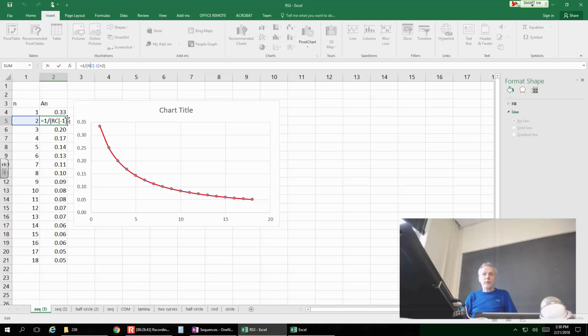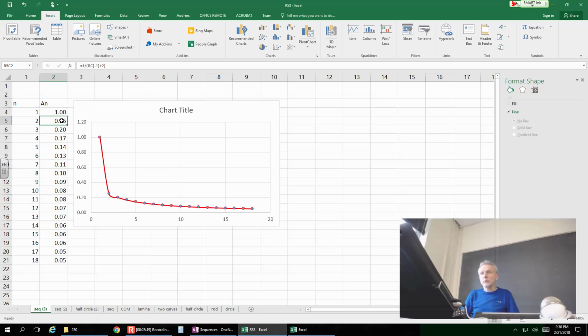So, for example, I could start with, say, 1, and then, give me a formula, any formula. I will be referring to the previous element.